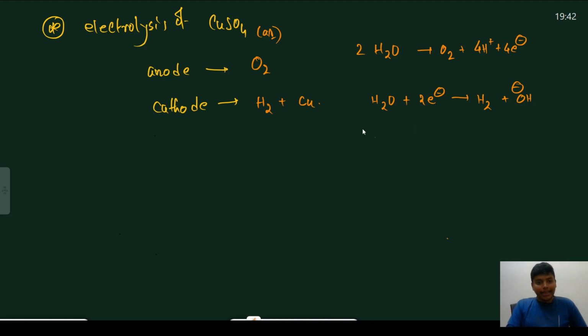Now here at the cathode side, copper 2 plus is also there. Copper 2 plus will become copper. At the anode side, SO4 2 minus is also there. It could make SO2, but SO2 gas will not form, because it is not getting the electrons. Okay or not?